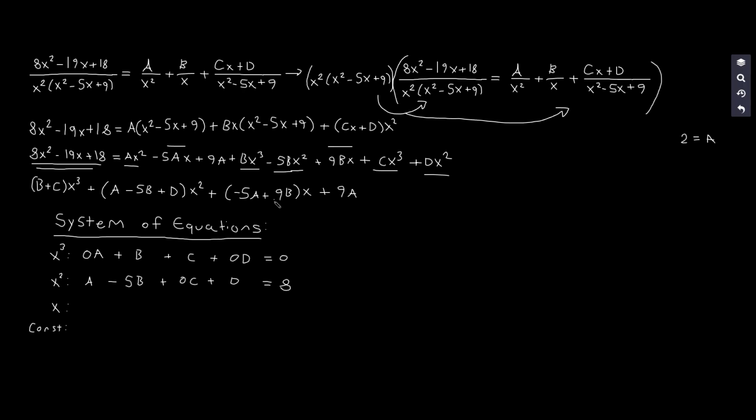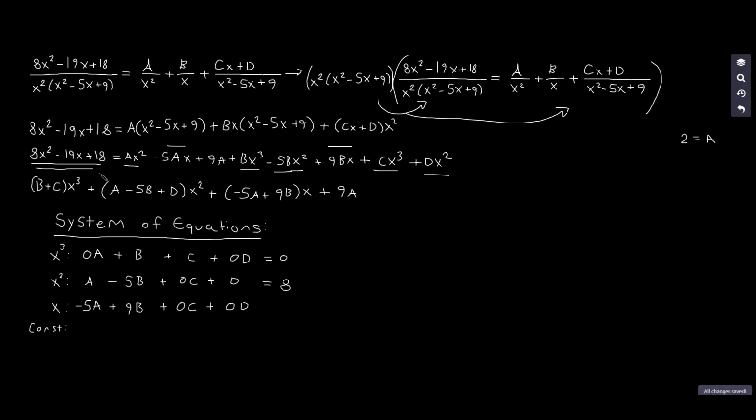And then as for x, so we're gonna look at right here. It's gonna be negative 5a plus 9b plus 0c plus 0d.